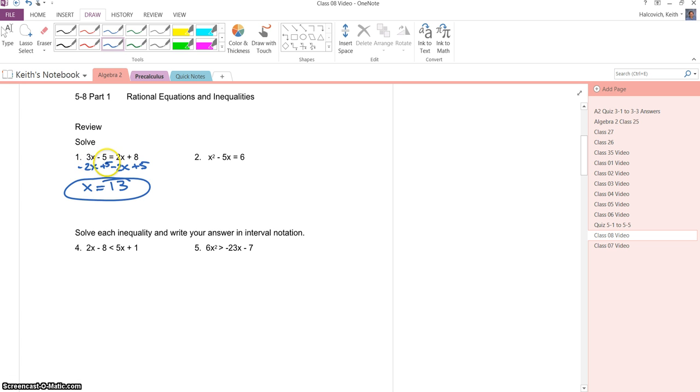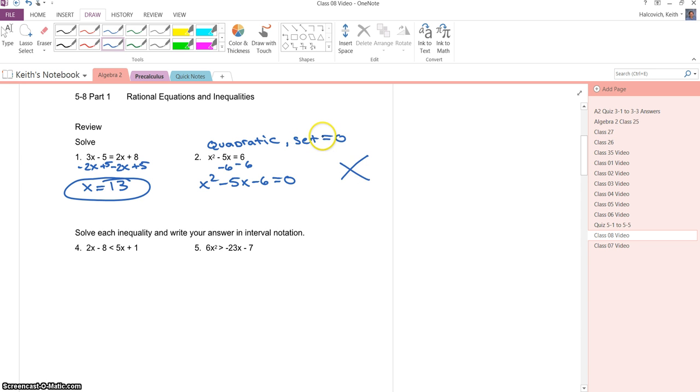That's a linear equation. Quadratic equation, right, when you have the x squared, remember that's when you're first going to factor, but first you have to set equal to 0. So you have to get the 6 on one side. And then you can factor.